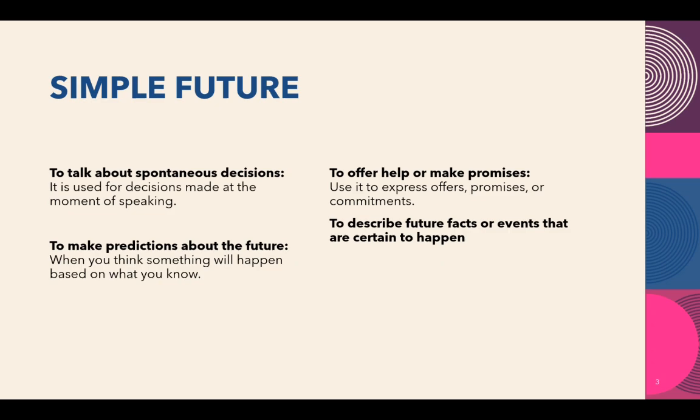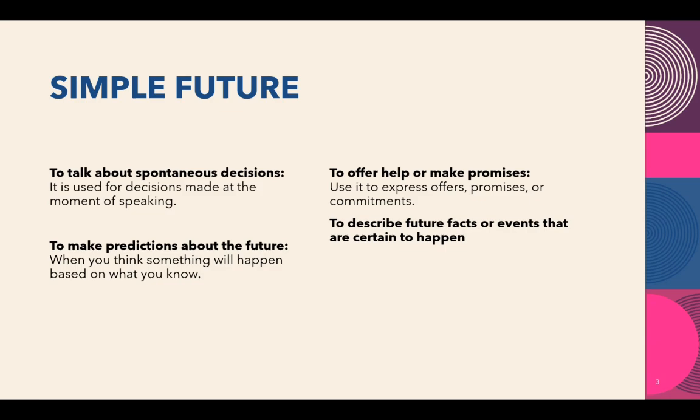Okay, the simple future is used to talk about spontaneous decisions. It is used for decisions made at the moment of speaking, or to make predictions about the future, when you think something will happen based on what you know.